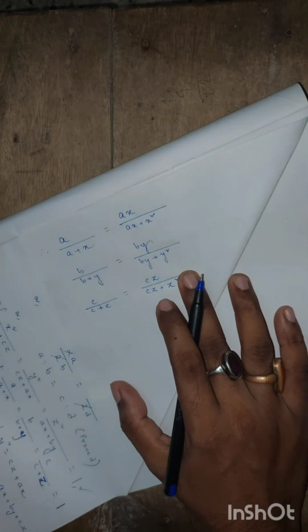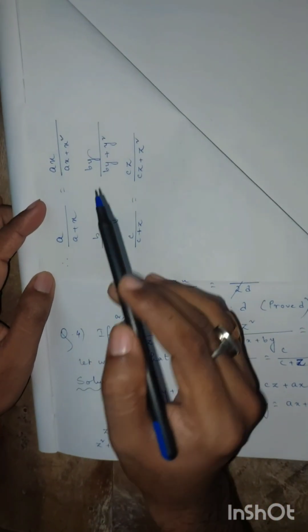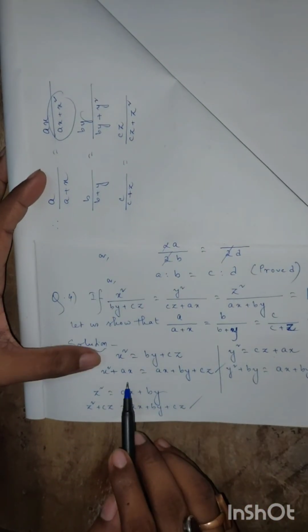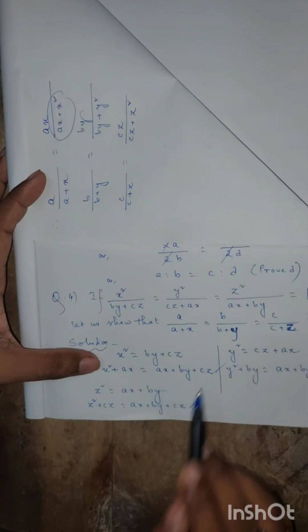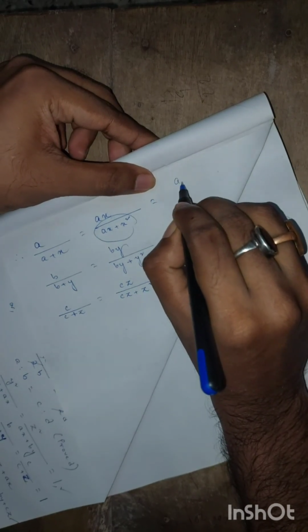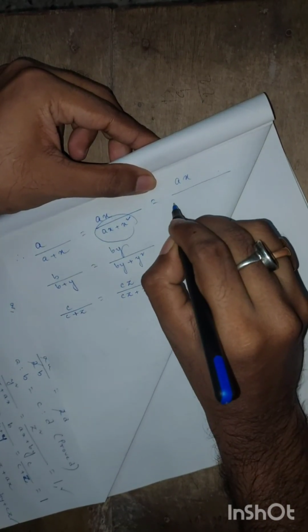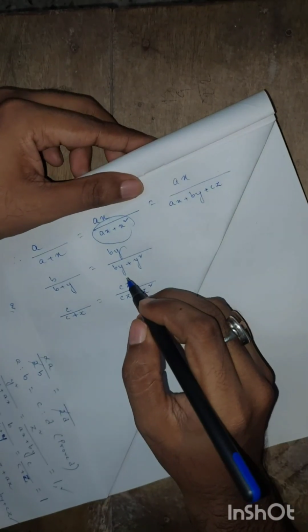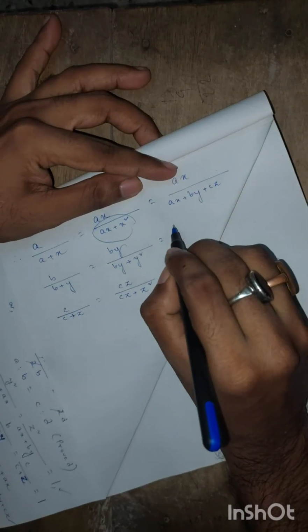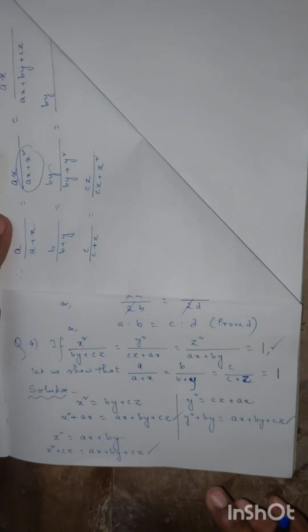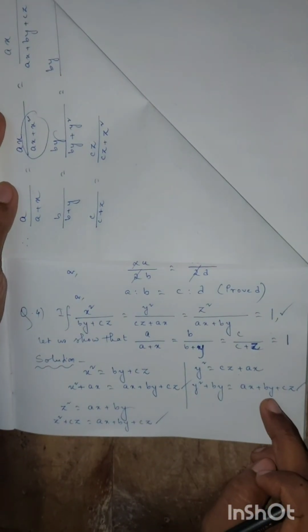Now in place of ax plus x square we can write ax plus by plus cz. Again, in place of by plus y square, we can write ax plus by plus cz.